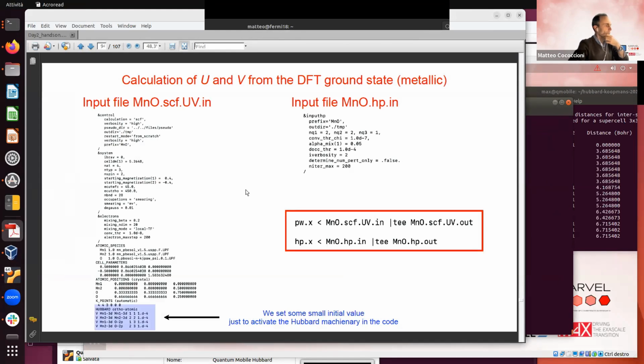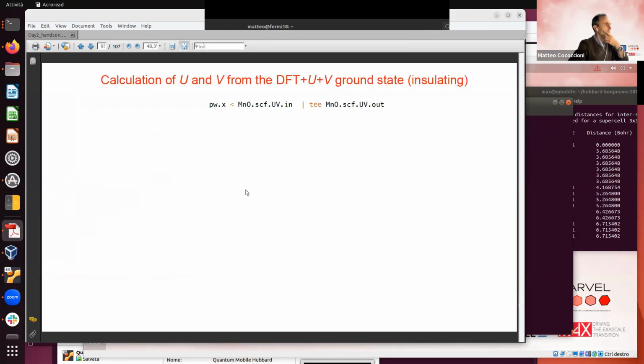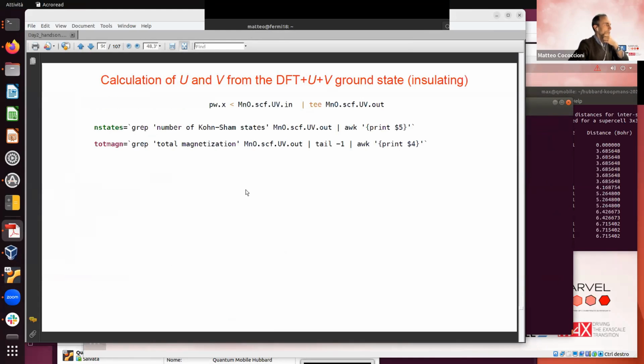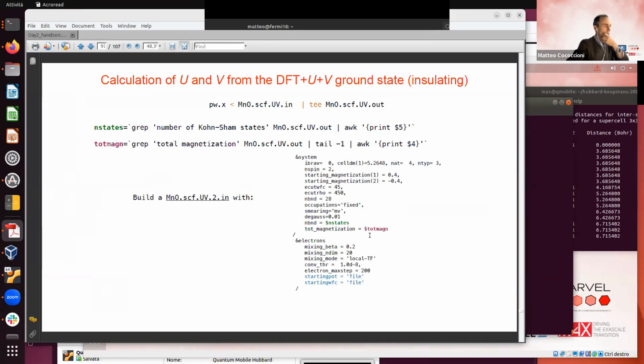So, well, this is what is to be done. You see here, once you run the SCF calculation, you're supposed to extract the number of states and the total magnetization from the first SCF, and use them in a fixed occupation calculation after that.